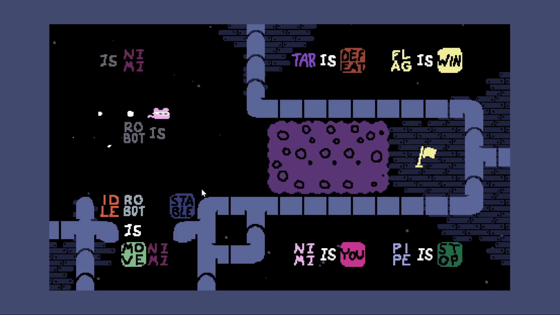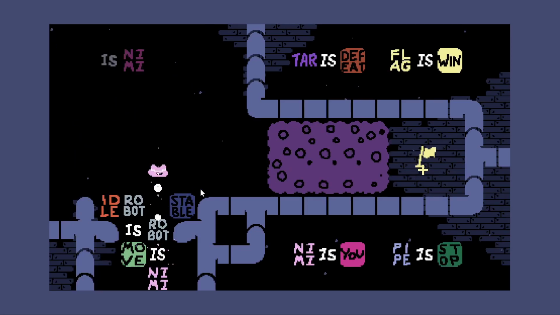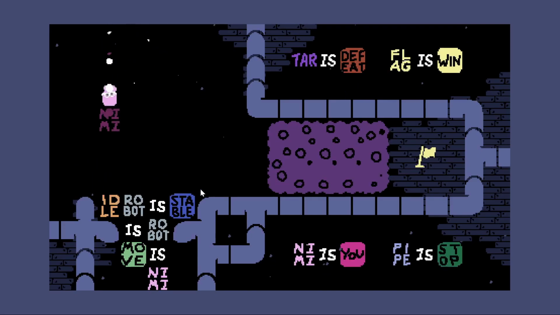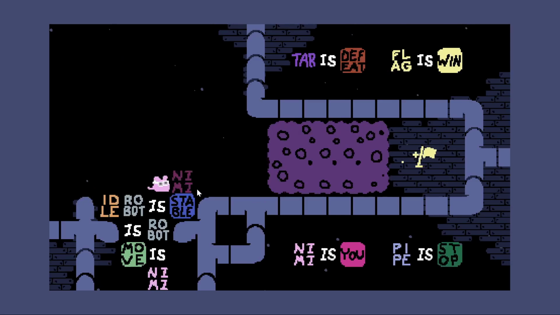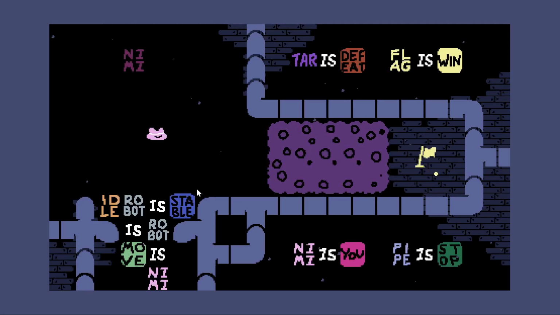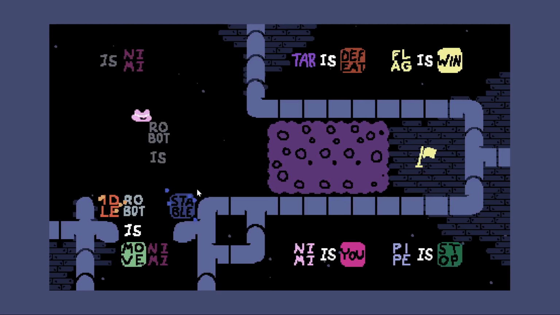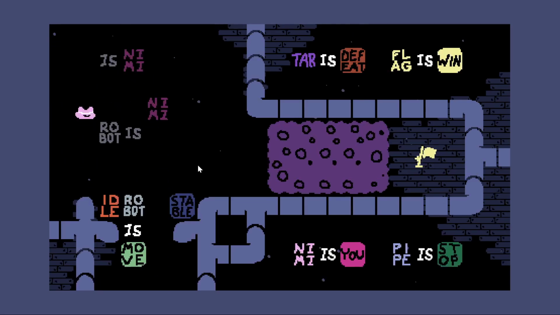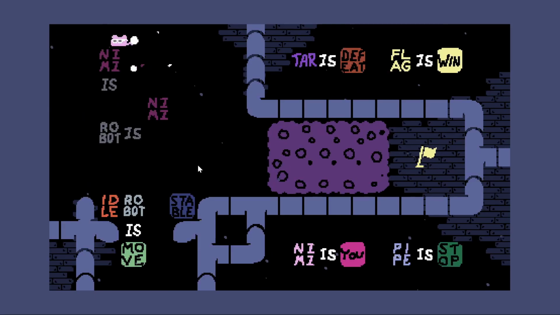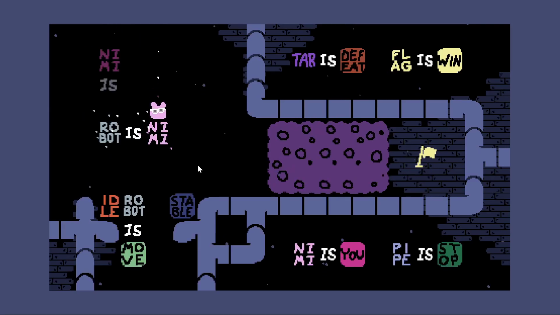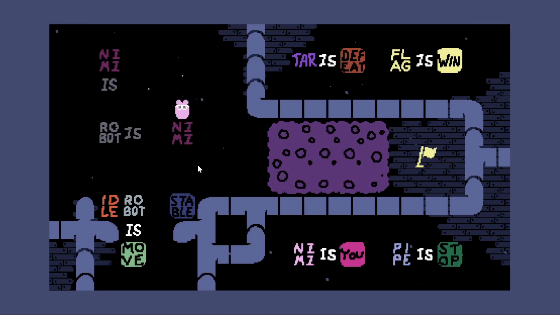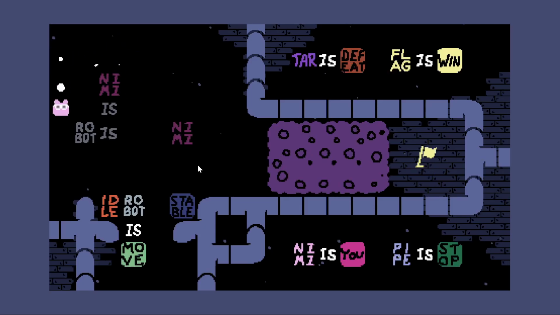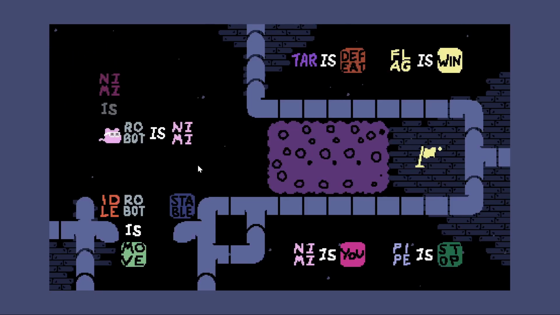So I have robot is Nimi over here. And then I have... wait, isn't this the exact same issue? Yeah, I just turned back. I need to produce robot is Nimi the other way around. I need to make Nimi is robot first, and then while moving, something a bit like this.